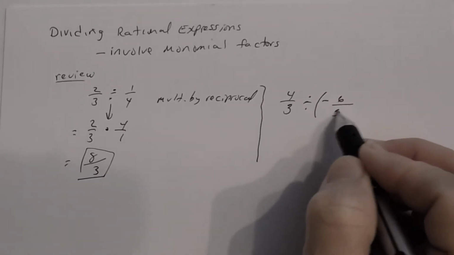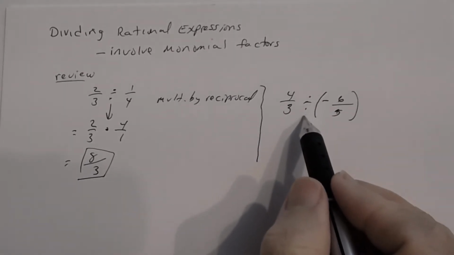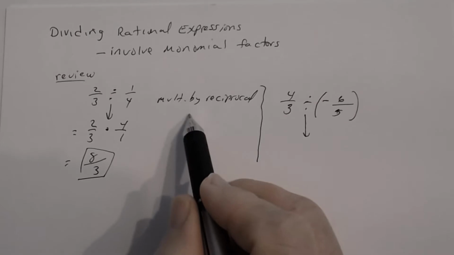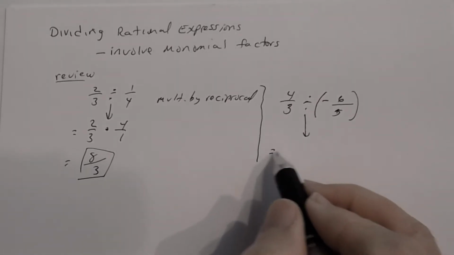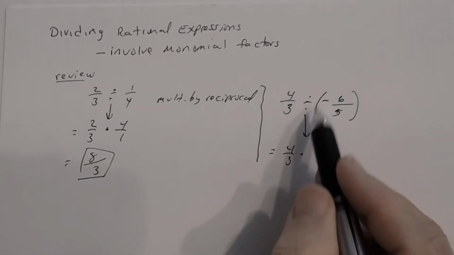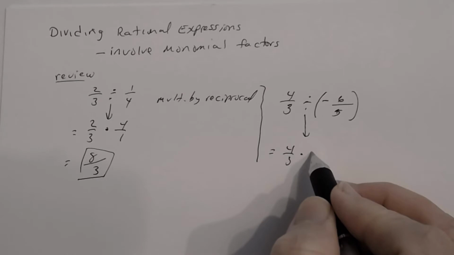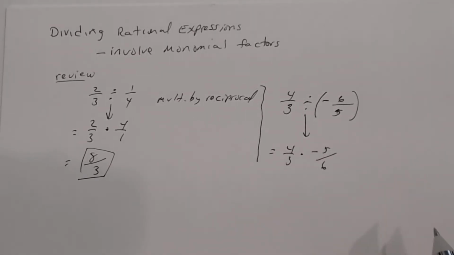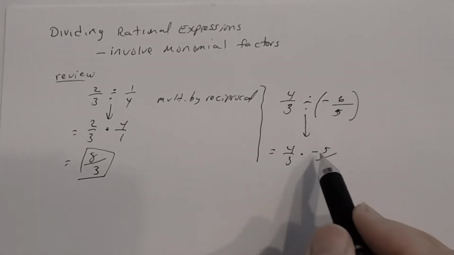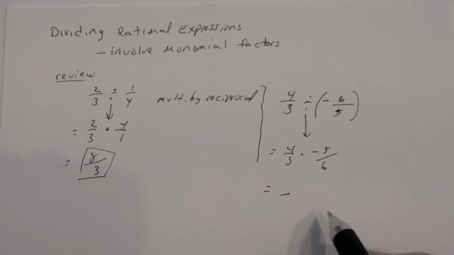Again, you're going to change this to a multiplication problem. So remember the phrase, multiply by the reciprocal. That's going to equal 4/3 times the reciprocal of negative 6/5, and the reciprocal of negative 6/5 is negative 5/6. Remember, a positive times a negative is a negative, so I'm going to get a negative answer at some point.